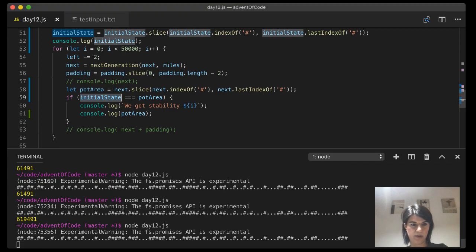Yes, I'm ignoring the dots. I'm not finding the exact same repeating pattern.